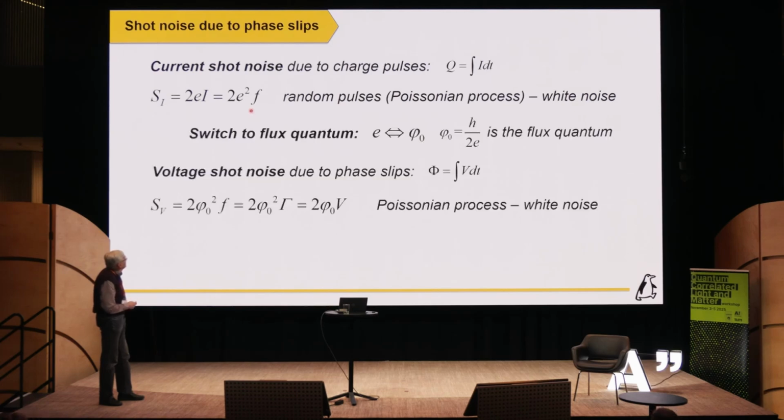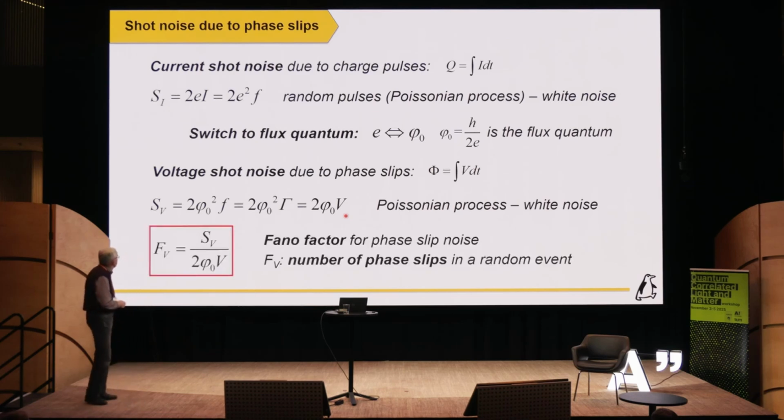And now for the phase slip noise, you just change the charge to the flux quantum, and then you use the same equation now with the flux quantum, and you get that your voltage noise in the case of phase slips is 2 times phi 0 times voltage.